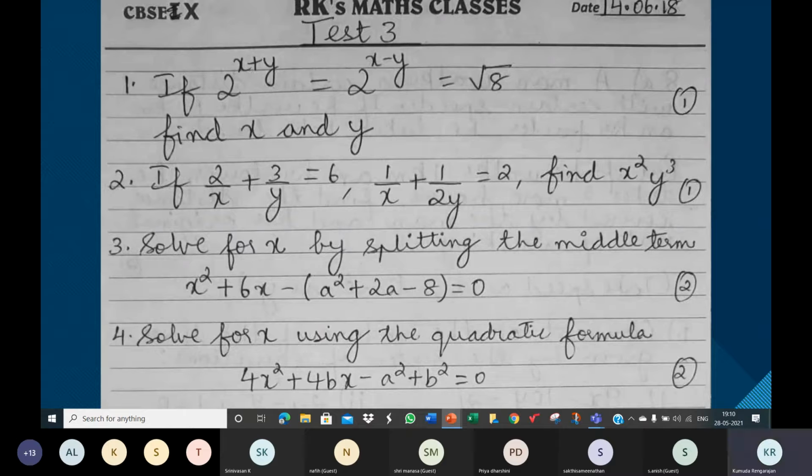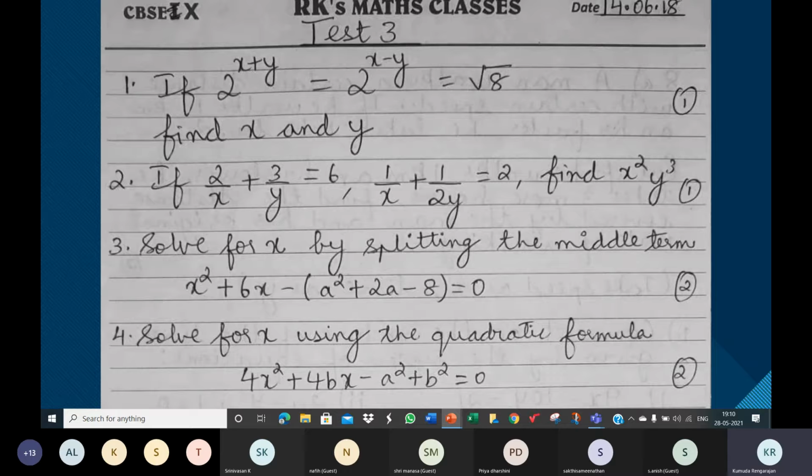The first one is just this, children. Root 8 is nothing but 2 to the power 3 by 2. Now you know what the law of exponents says. When bases are same, you can equate the powers. So using this rule, you can construct the equations in x and y.